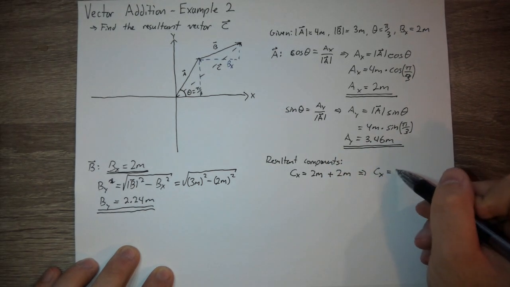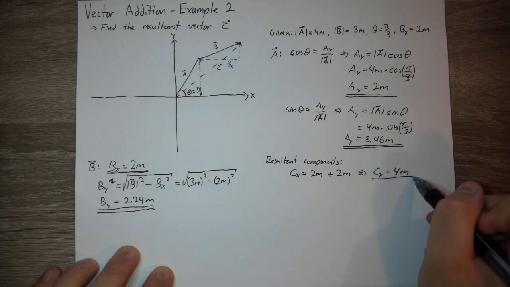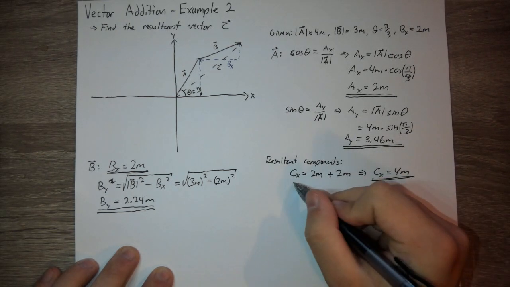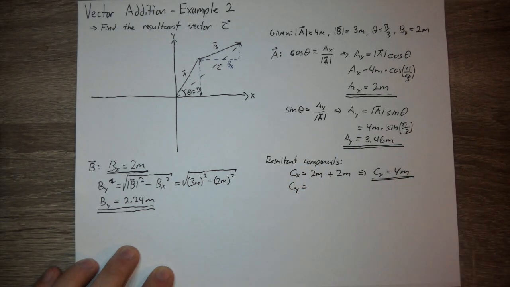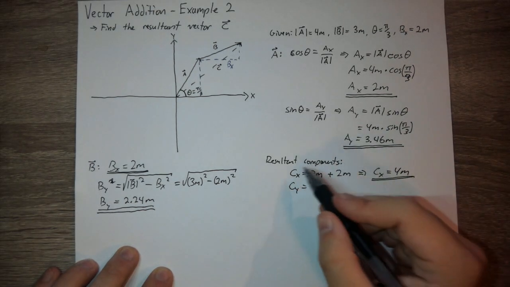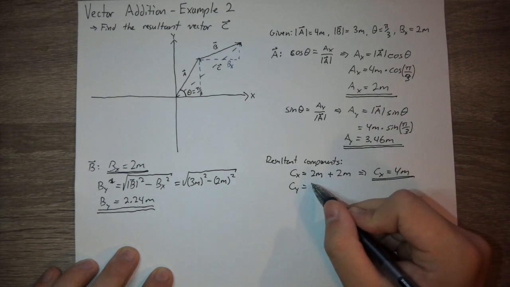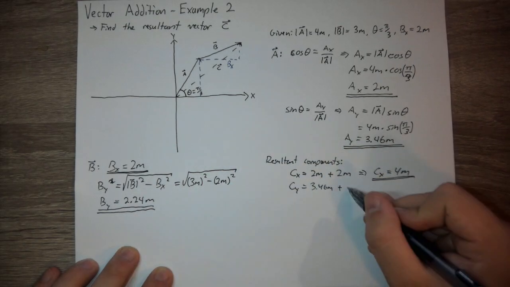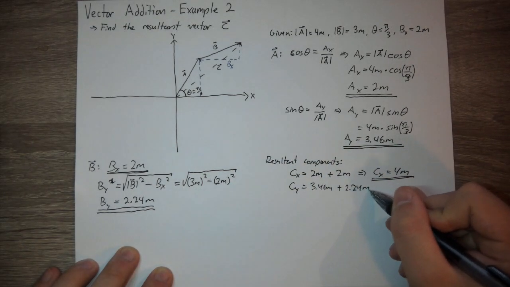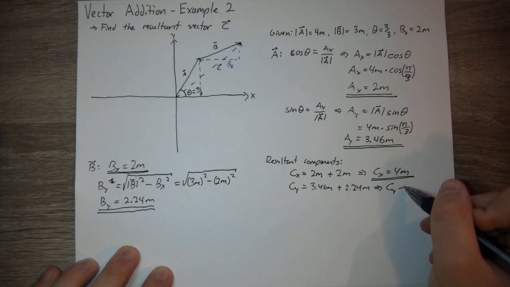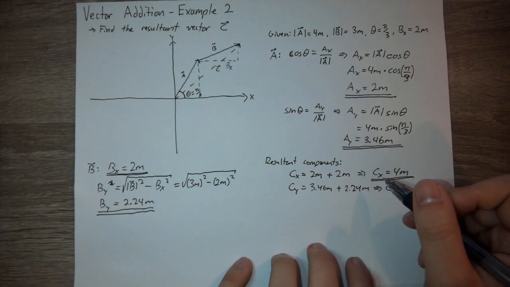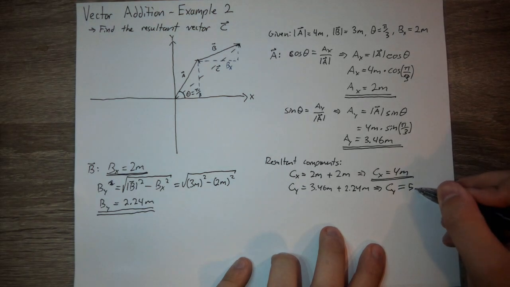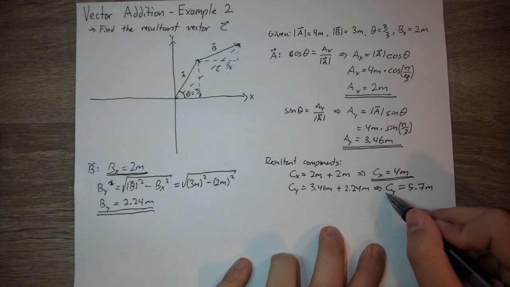So Cx is 4 meters. Cy, that would be Ay, 3.46 meters, plus By, 2.24 meters. And so our y component of C comes out to 5.7 meters.